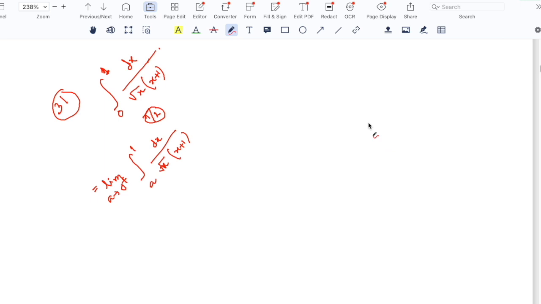Now to evaluate this integral, you first need to consider this integral as indefinite, dx by root x into x plus 1. So if it is an improper integral, how can we evaluate it?